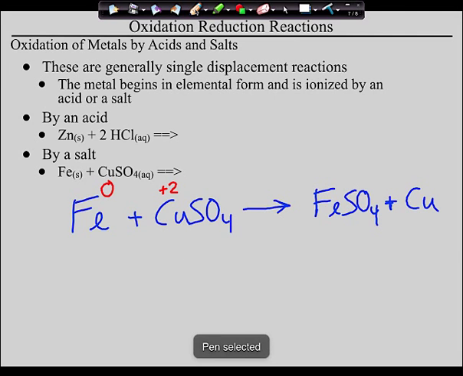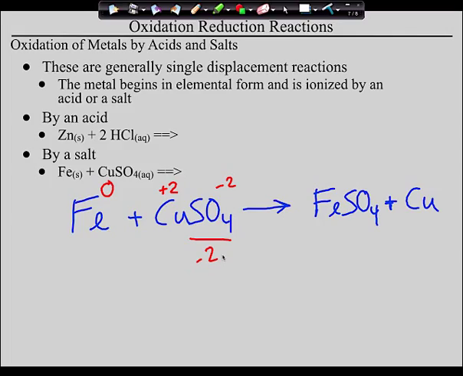Let's go to our fixed point first. What is the charge of oxygen always? -2. Now, what then is the charge of sulfur? It's not +8. Here's why. This entire thing is -2. Sulfate is -2.